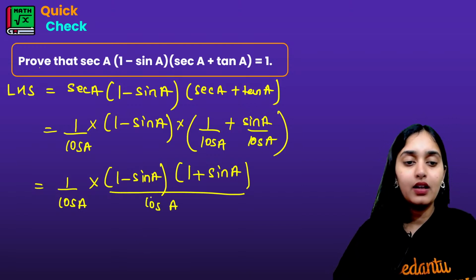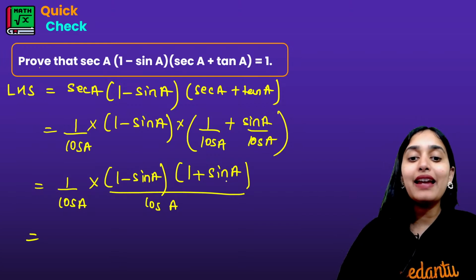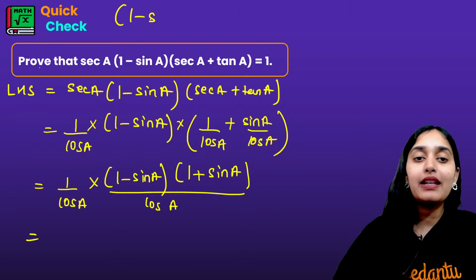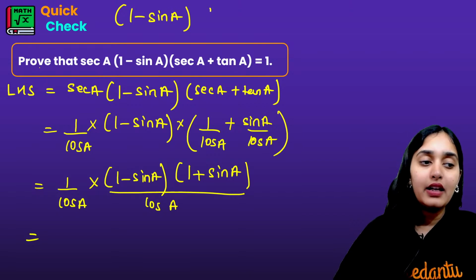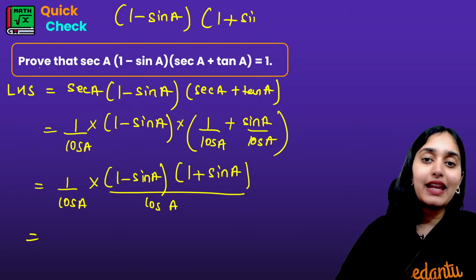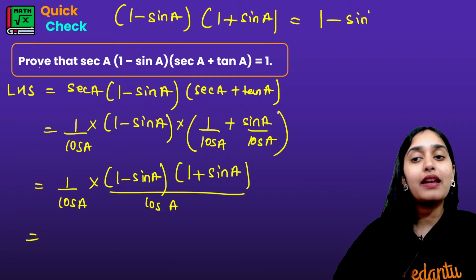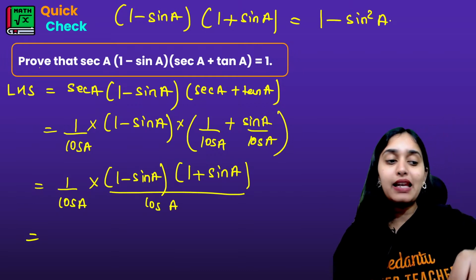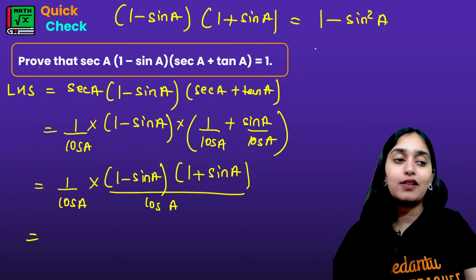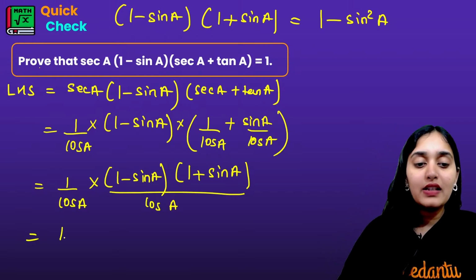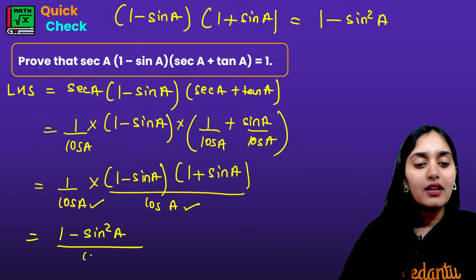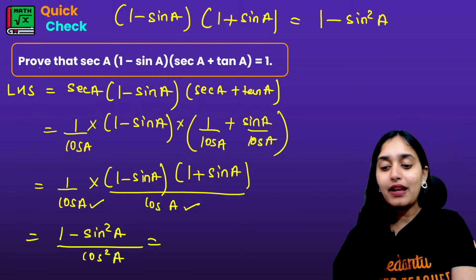Right? Now 1 minus sin A, 1 plus sin A. 1 minus sin A into 1 plus sin A is how much? 1 minus sin square A. Why? A plus B into A minus B is what? A square minus B square. So this is 1 minus sin square A upon cos A into cos A, cos square A. Now 1 minus sin square is how much?